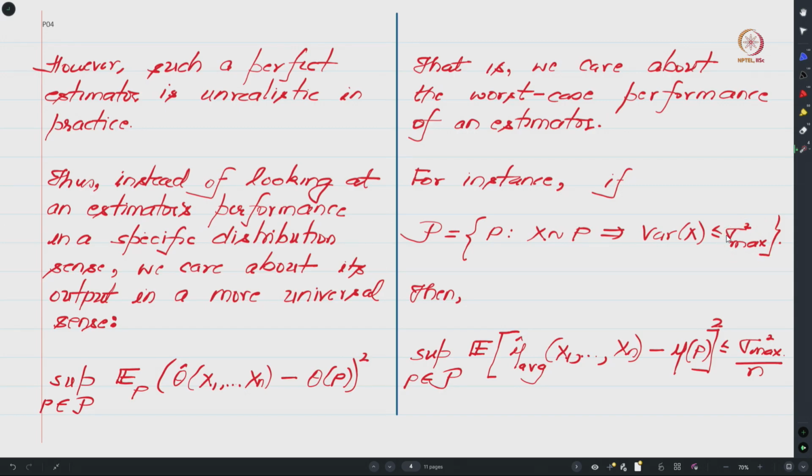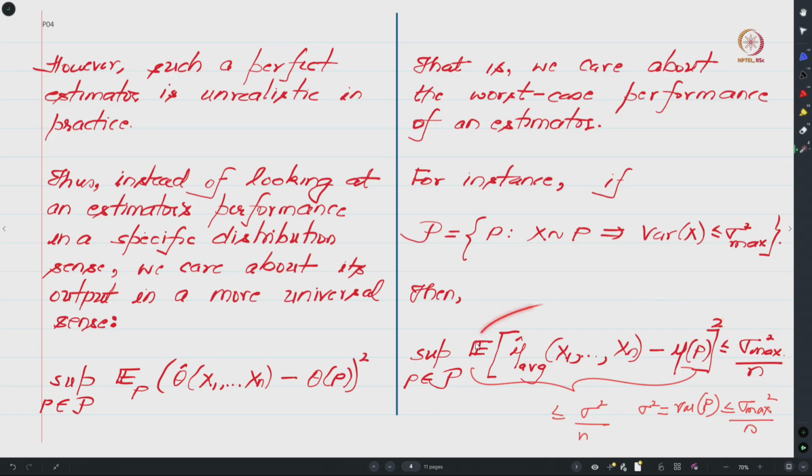In particular, for a specific distribution, this error is upper bounded by sigma square over n, where sigma square is the variance of p, and we have been told that this is upper bounded by sigma max square over n. Hence, for a fixed p, this expression is upper bounded by sigma max square over n, which is independent of p.